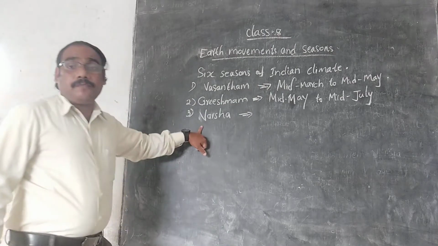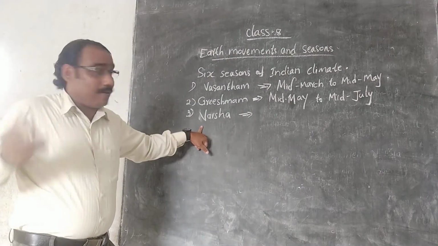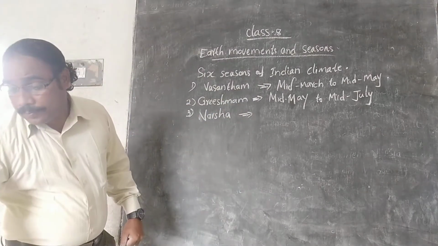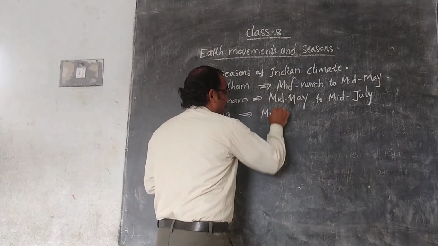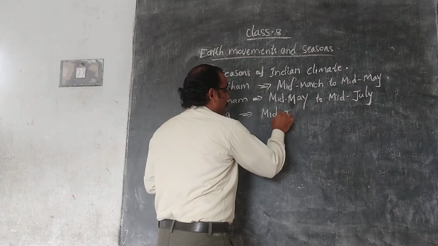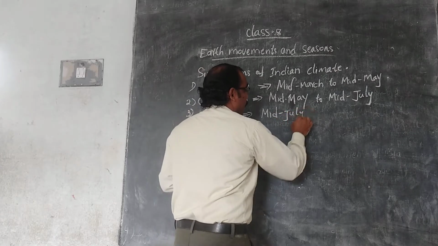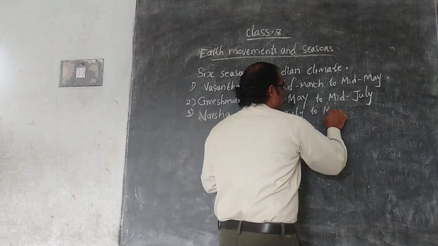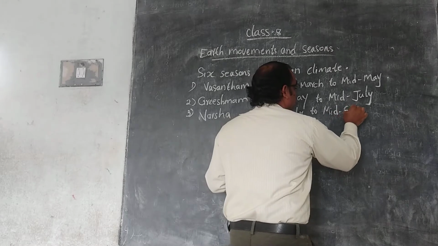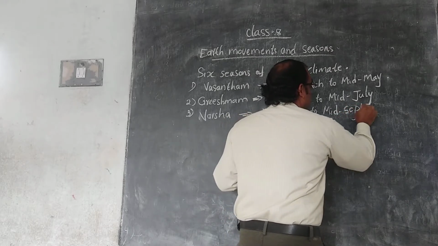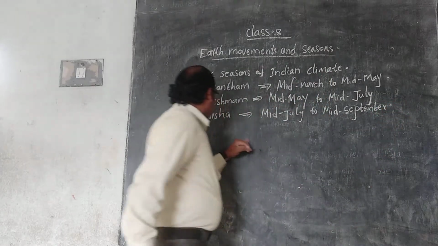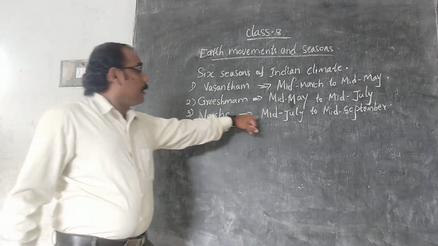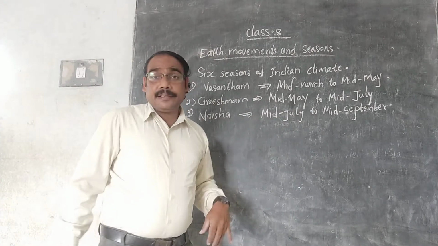The name itself we can say, Varsha means rain. Okay, which time? Mid-July to mid-September. So the season Varsha, mid-July to mid-September.